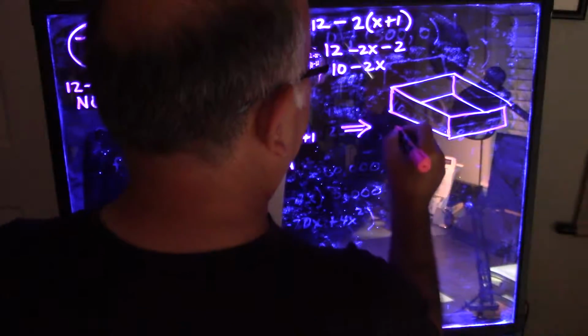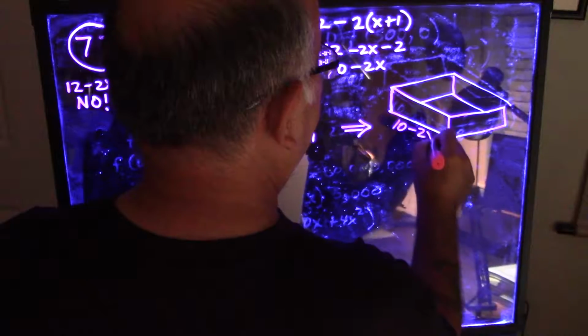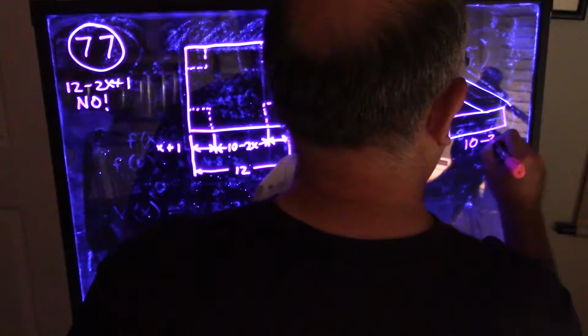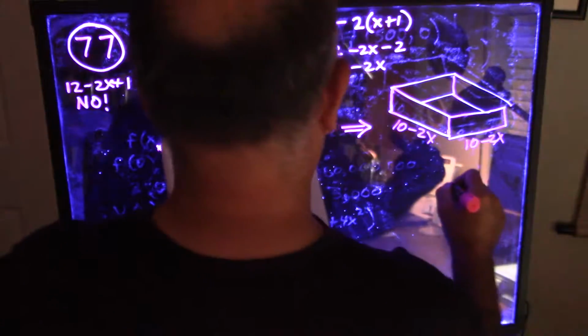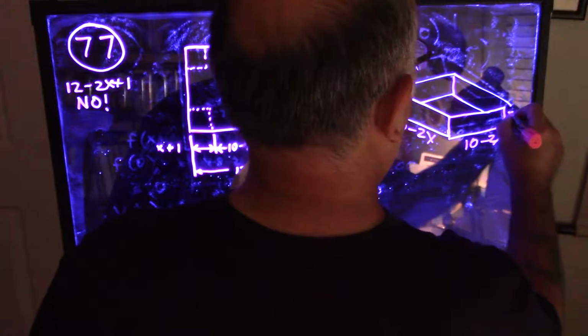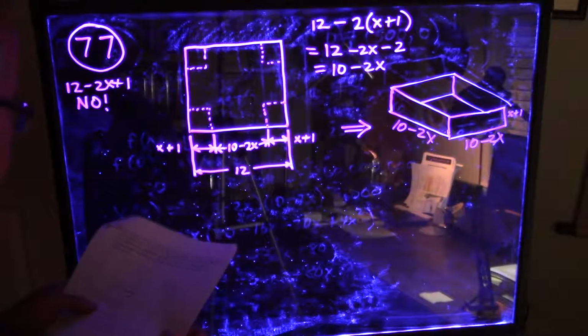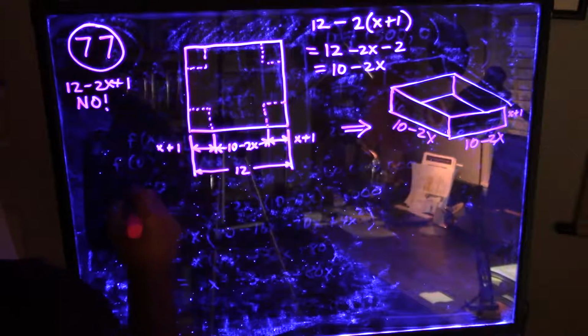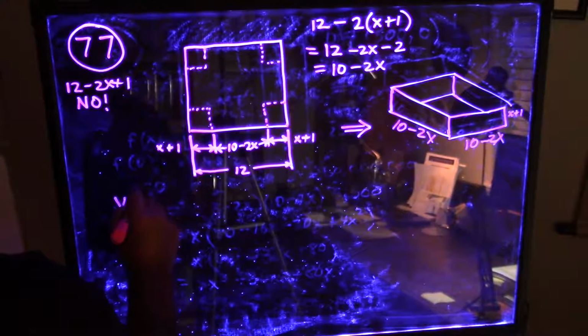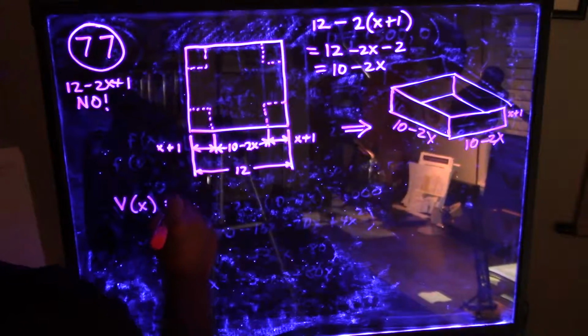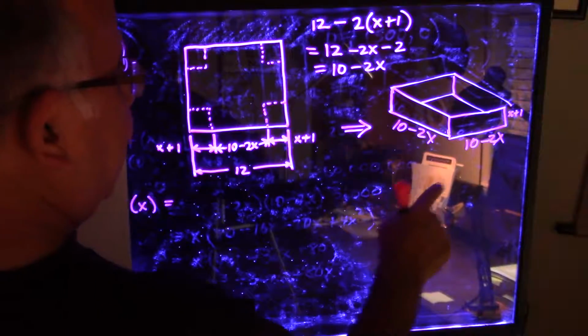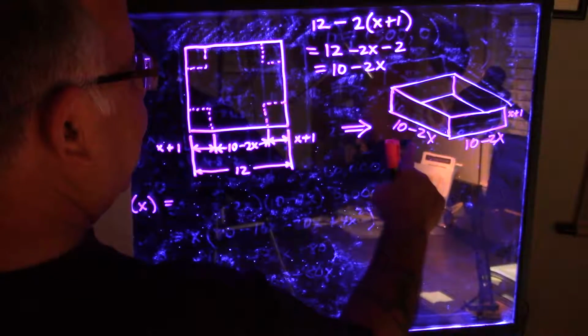So that's 10 minus 2x, and that's 10 minus 2x, and we've got the x plus 1 right there. So V of x, volume as a function of x, in other words, is x plus 1 times this squared.